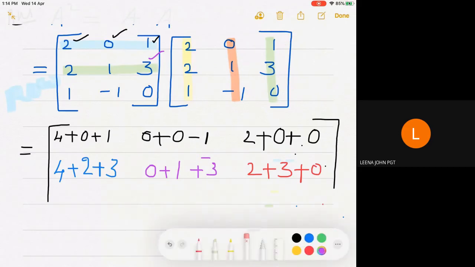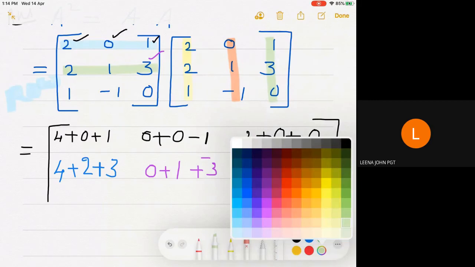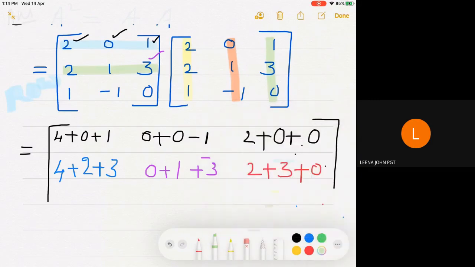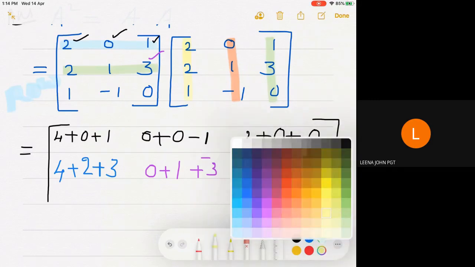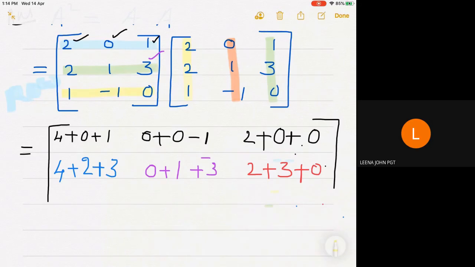Now come to the third row of the first matrix.